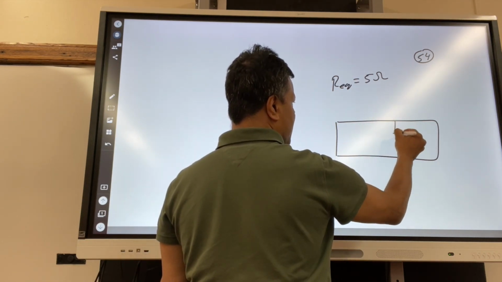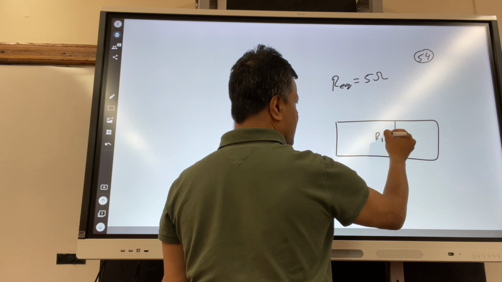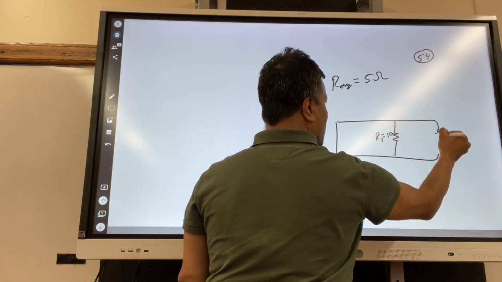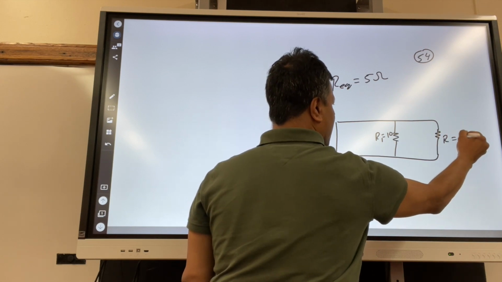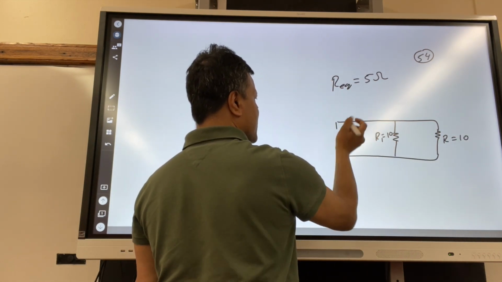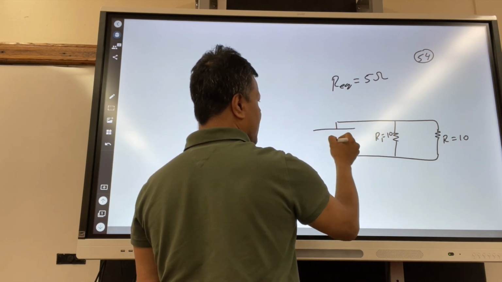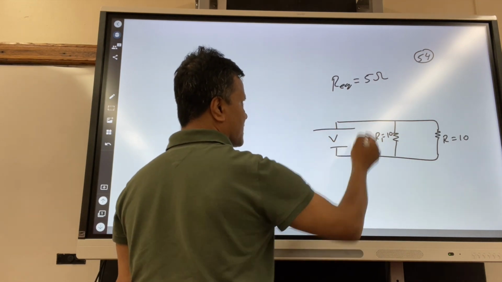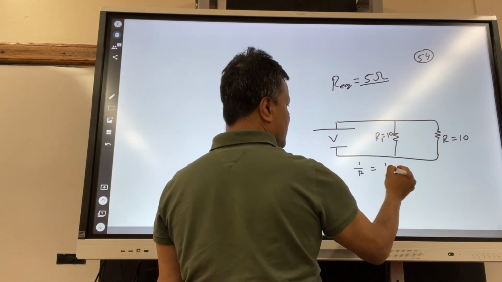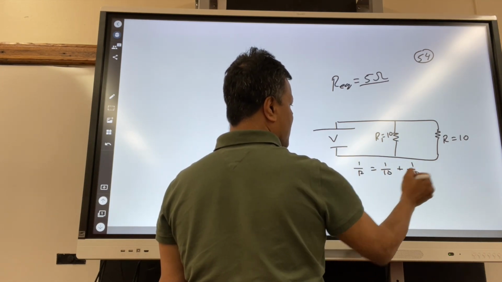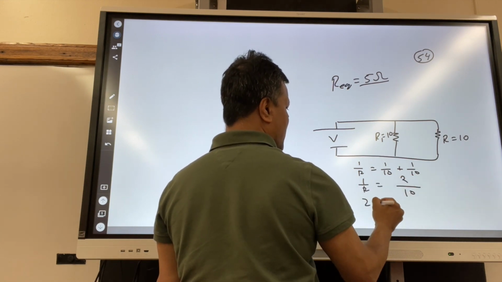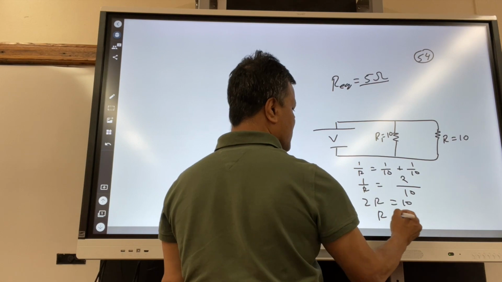Well, this combination gives you 5 ohms if R1 is 10 and R2 is also 10, and then this is voltage. This is positive terminal, this is negative terminal. Why is this one going to give you 5 ohms? So 1 over R is equal to 1 over 10 plus 1 over 10. So 1 over R is equal to 2 over 10. So 2R is equal to 10. So R is equal to 5.